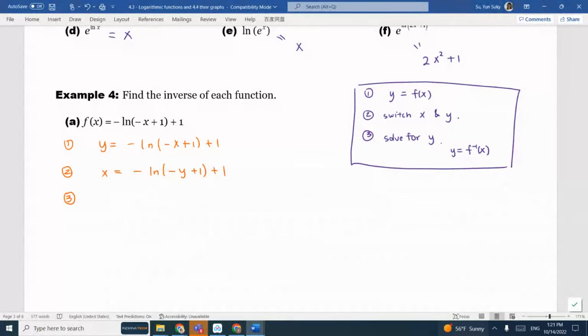First of all, let's isolate the log term, which means we want to move the 1 to the other side. So subtract 1 on both sides. We get x minus 1 equals negative ln of minus y plus 1.